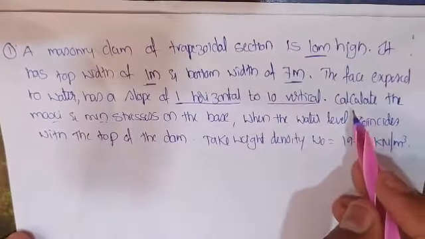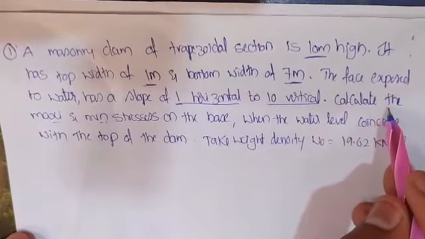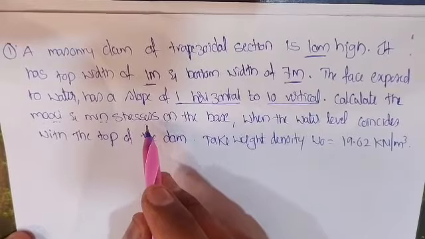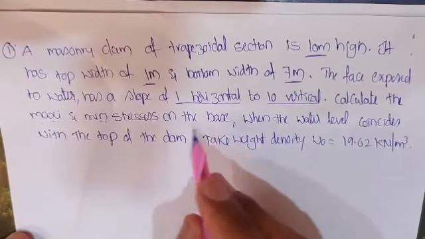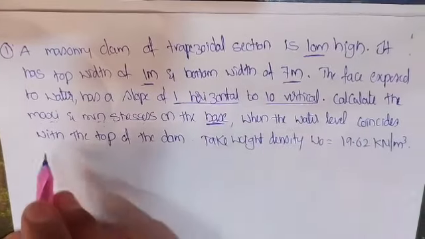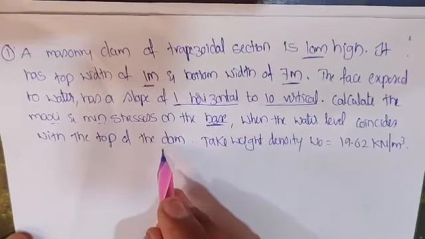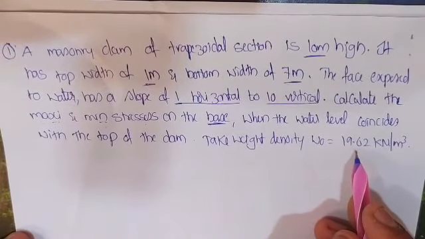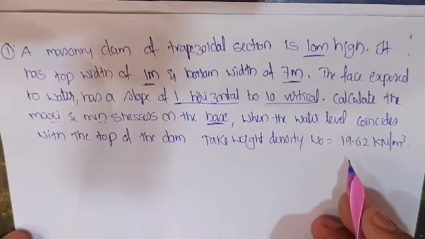So this is the given data. Now from this we have to calculate the maximum and minimum stresses, nothing but sigma max and sigma minimum, on the base when the water level coincides with the top of the dam. Here the weight density has been given, W naught is equal to 19.62 kilonewton per meter cube.